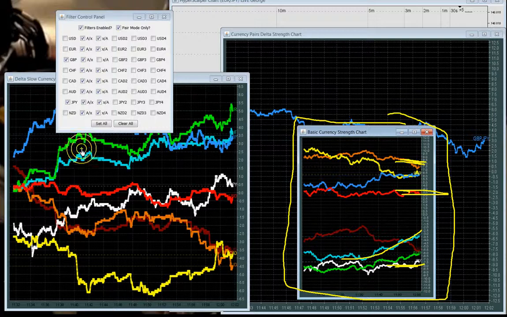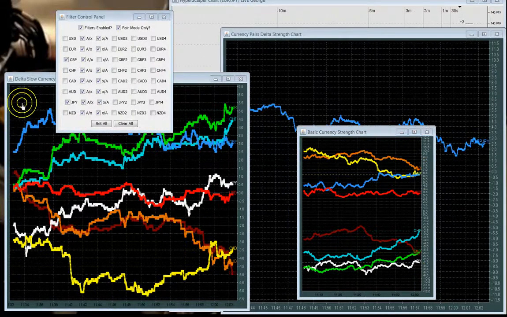Over here we can see a little more of the trend. So the euro has got an upward strengthening trend here, and the Australian dollar has got a downward trend here over about 30 minutes or so. So we know where the euro Australian dollar has to go. It has to go up. Let's just see what the euro Aussie has been doing.